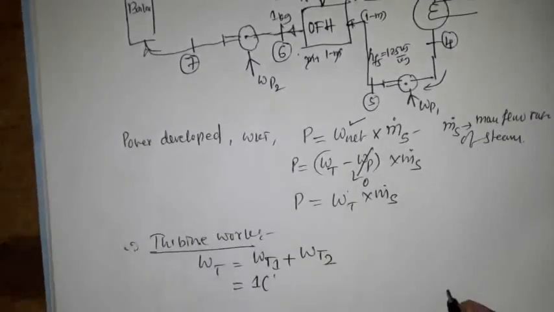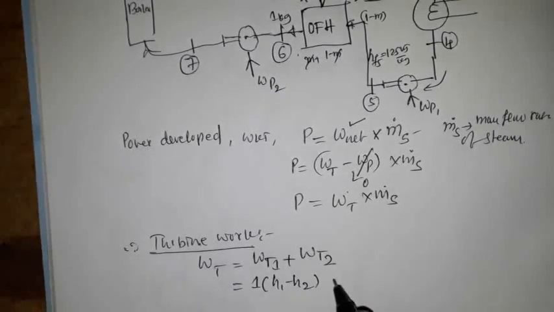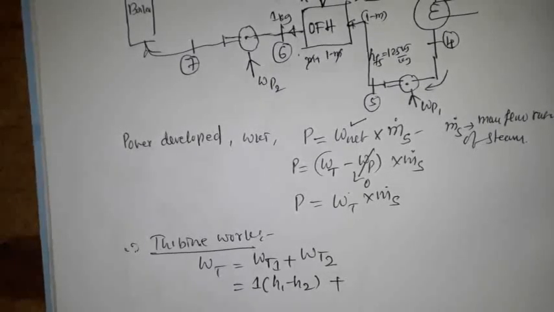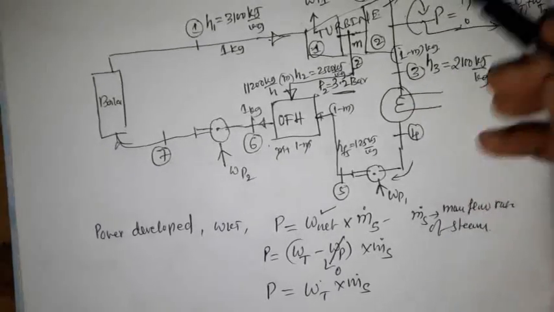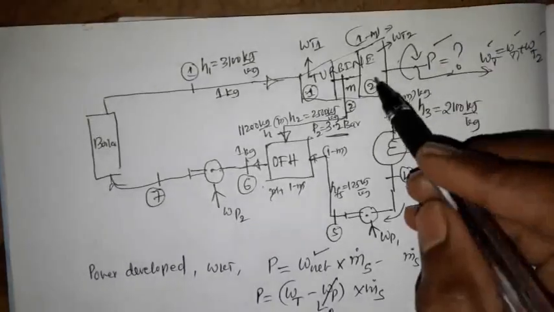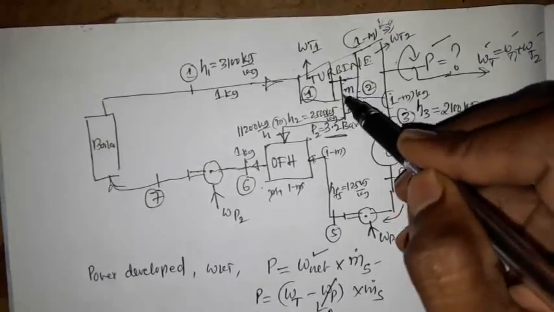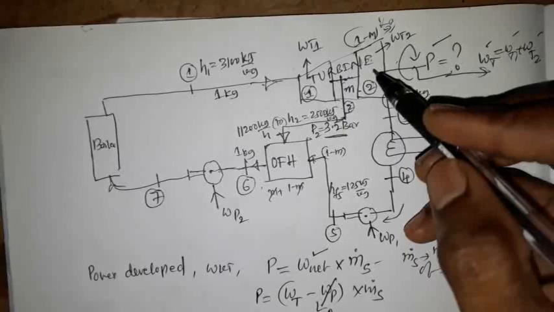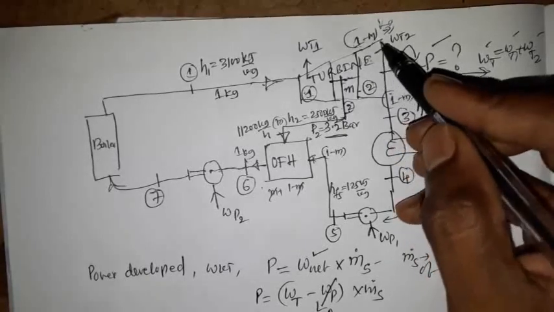So I will write now H1 minus H2 plus the second stage. The work developed in the second stage: the quantity of steam flowing inside stage 2 is 1 minus m kg, because I had bled m kg after stage 1 and the remaining steam was 1 minus m kg.